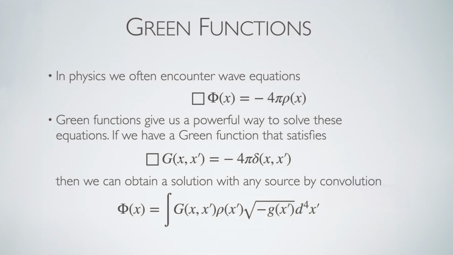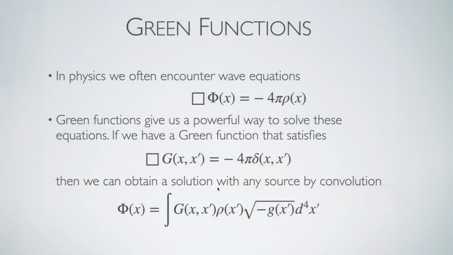So if we have a Green's function, a fundamental solution to the equation given by box of the Green function, which is a function of two points now, is equal to minus 4 pi times the Dirac delta of x and x prime. If you can solve this equation for G, then you can find any solution for the scalar wave equation with any source you want by convolving with G. So a given solution phi of x is obtained by integrating G times the source over the full spacetime.